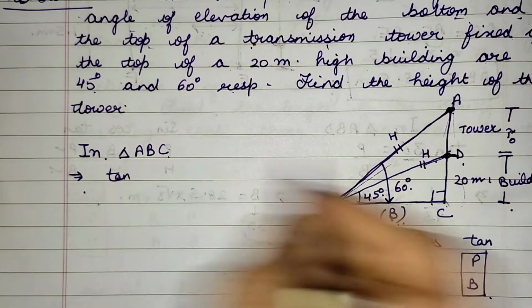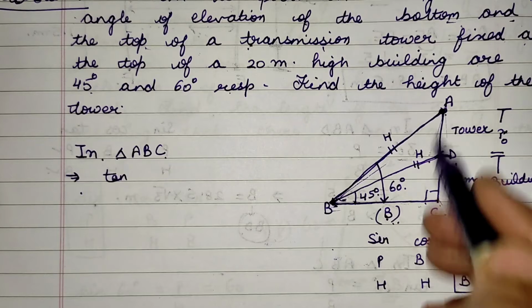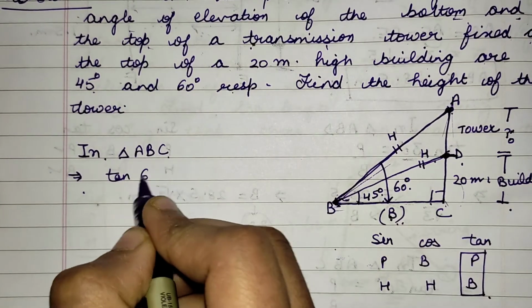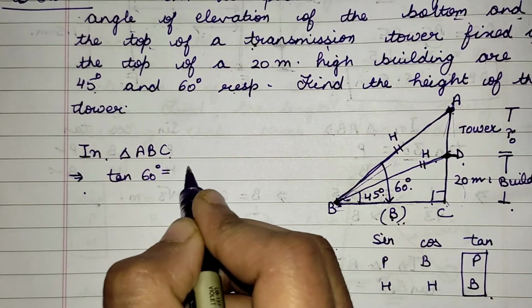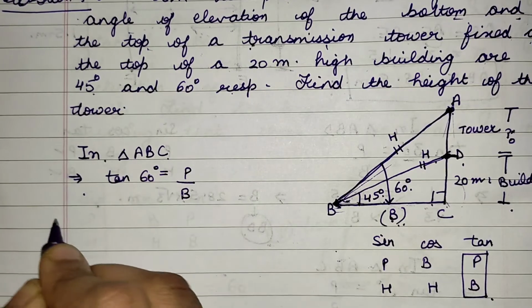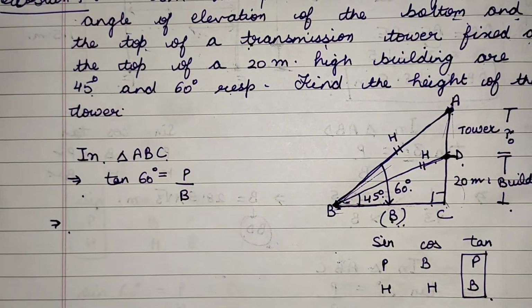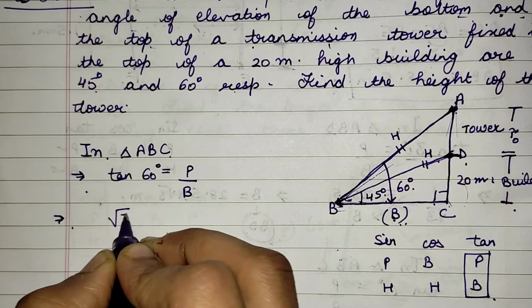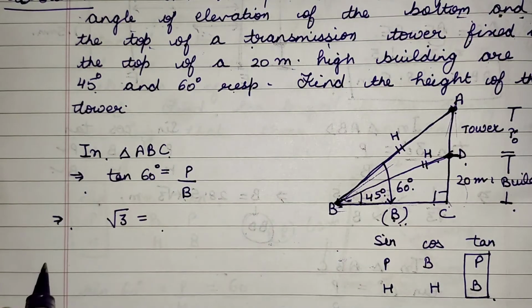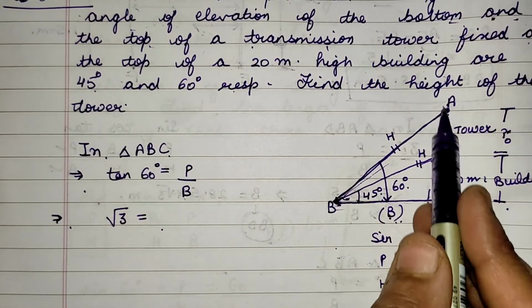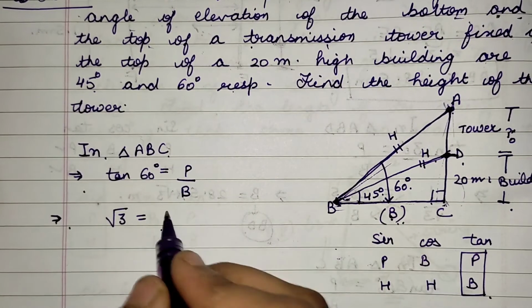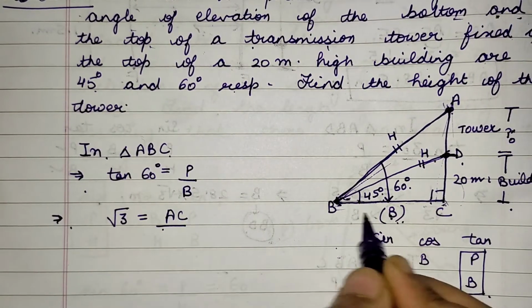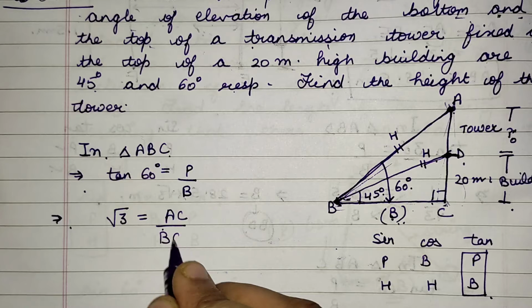So tan, for this bigger triangle ABC, the angle is 60 degree, which is equal to perpendicular by base. So tan 60 is root 3, and perpendicular is my AC divided by BC.